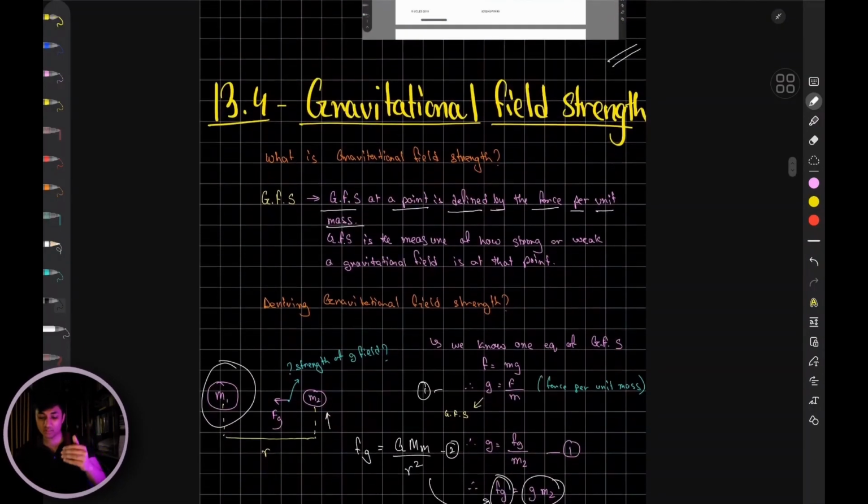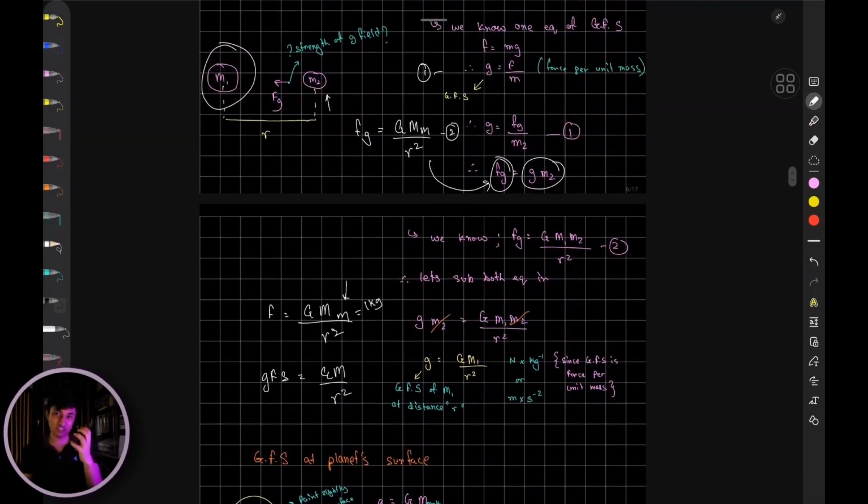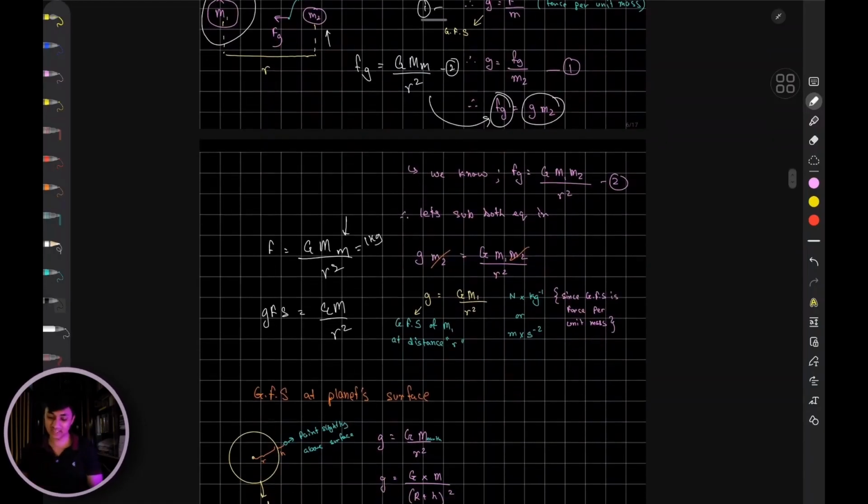Because remember, what the formula tells you is gravitational field strength is the force per unit mass. It is still the force, but with respect to 1 kg of mass. So, due to the gravitational field of Earth, what is the force going to be exerted on 1 kg of mass? It is going to be given by this formula, G m by r square.